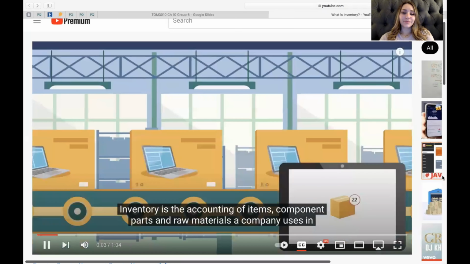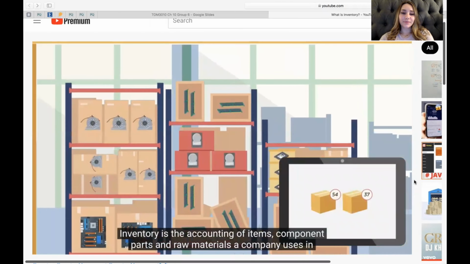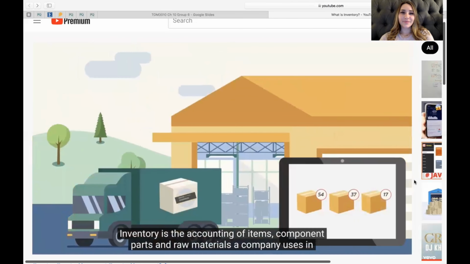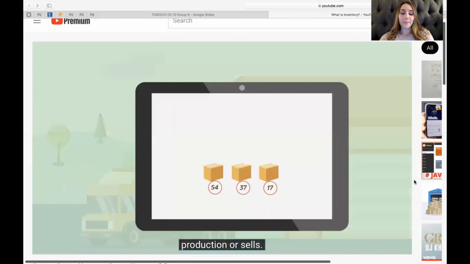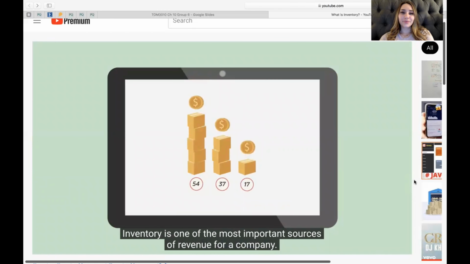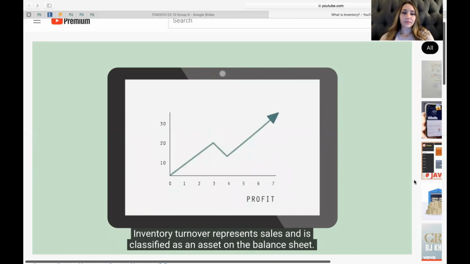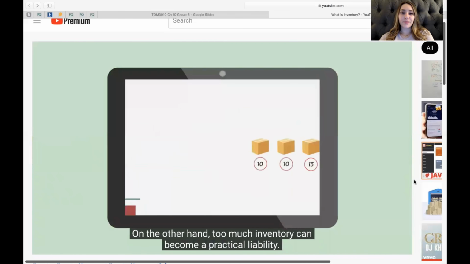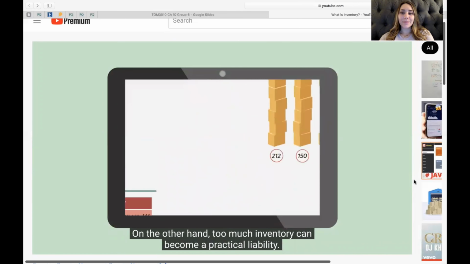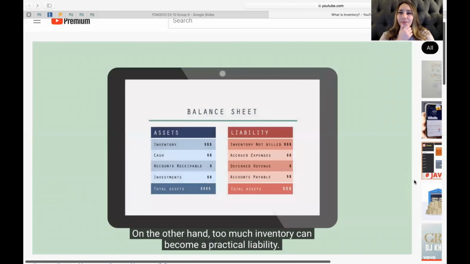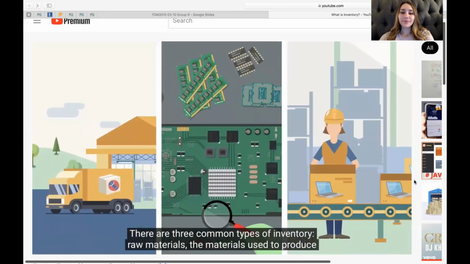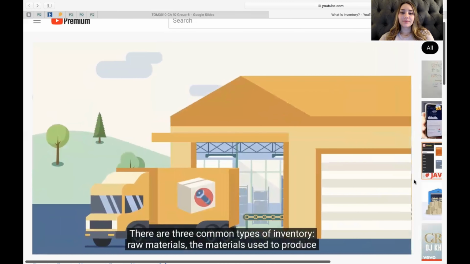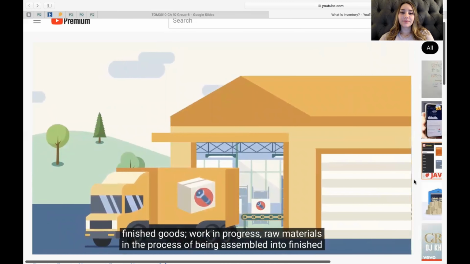Inventory is the accounting of items, component parts, and raw materials a company uses in production or sells. Inventory is one of the most important sources of revenue for a company. Inventory turnover represents sales and is classified as an asset on the balance sheet. On the other hand, too much inventory can become a practical liability. There are three common types of inventory. Raw materials, the materials used to produce finished goods.